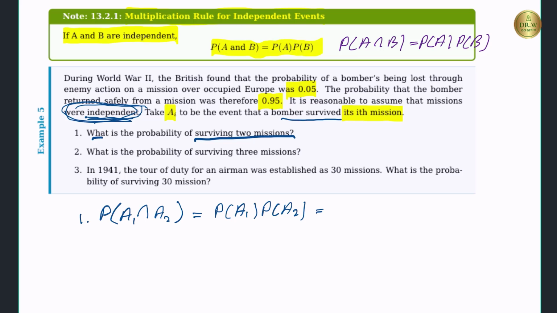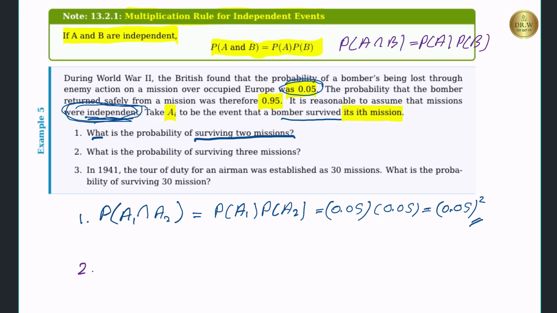So the probability is 0.95 times 0.95, so you can write this as 0.95 to the power 2. That is the probability of surviving two missions.